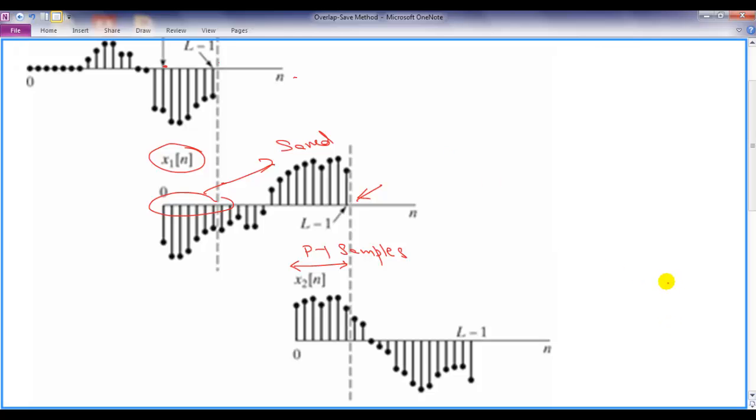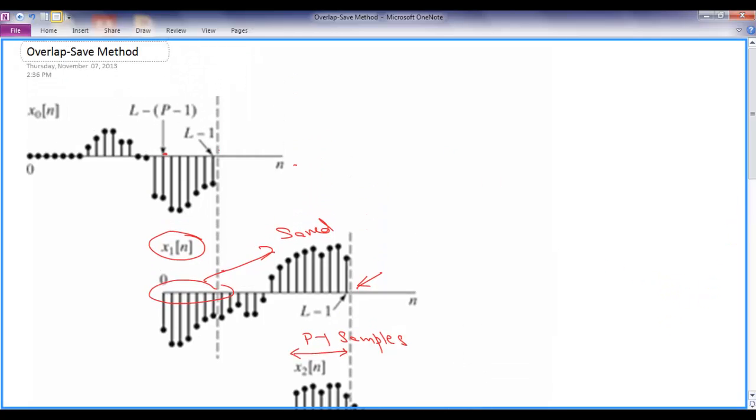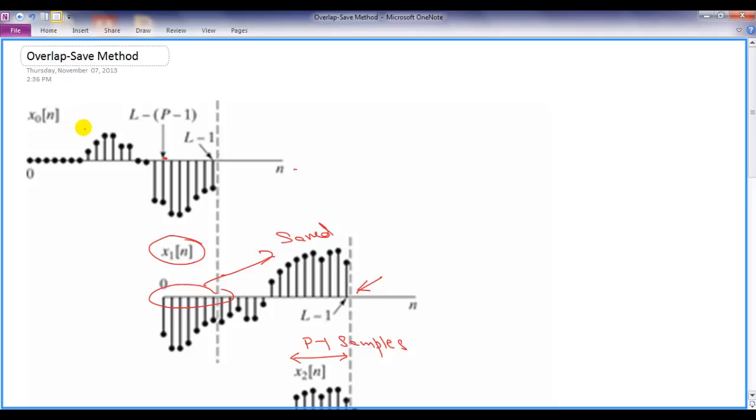So let's go back to this example. I first get L samples. Those L samples, for my original signal, correspond from minus P minus 1 to L minus P minus 1. In my original signal, this was the 0th sample.